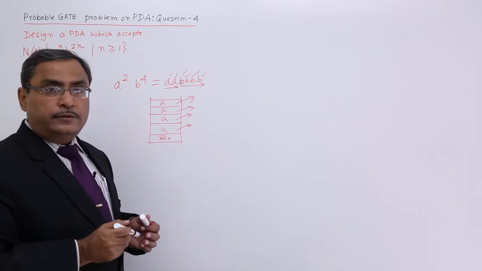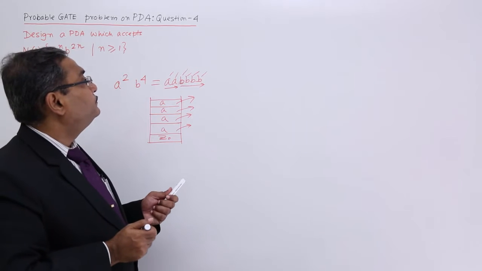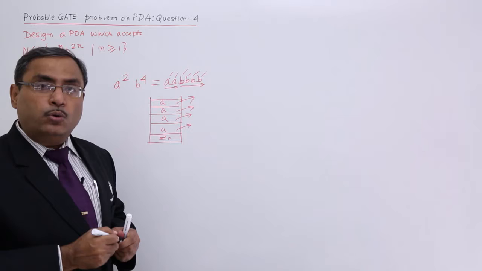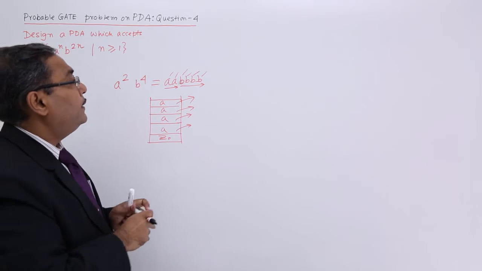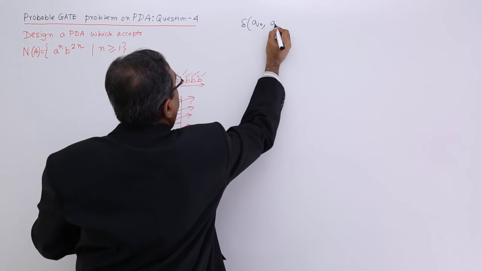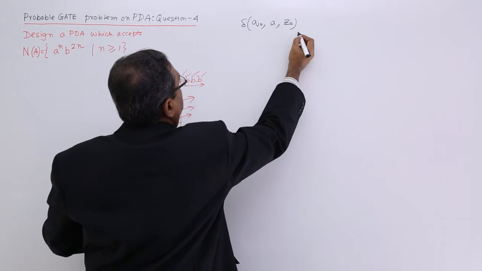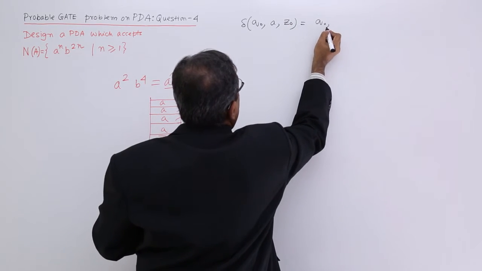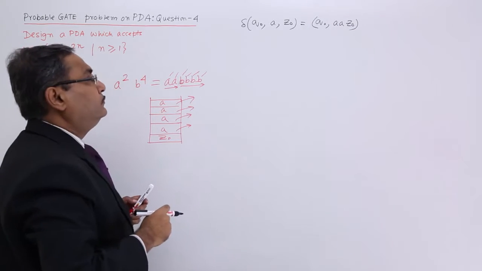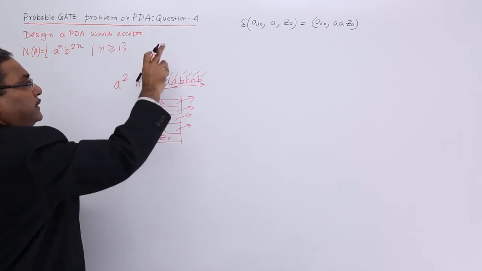So, let me write the required transitions. Whatever planning we have done, we will now write the transitions accordingly. So, delta(Q0, a, Z0) = (Q0, aaZ0). So, n number of times a will be there.